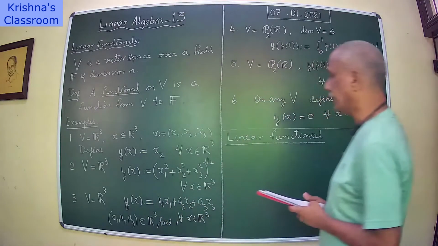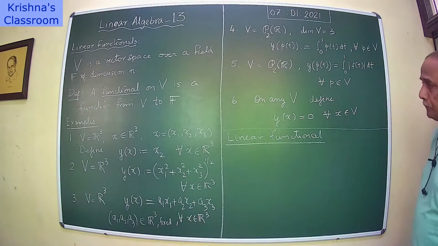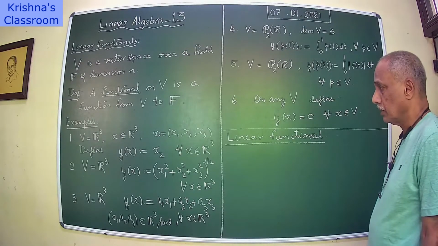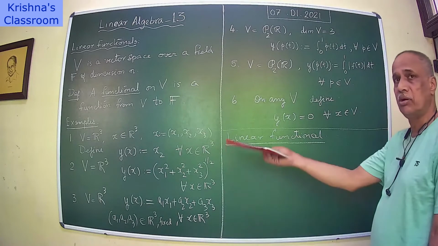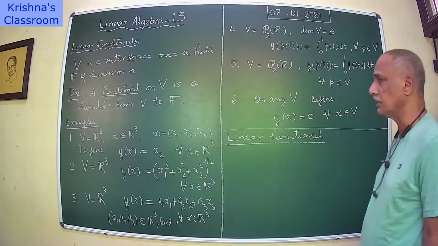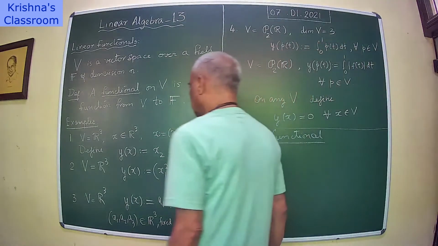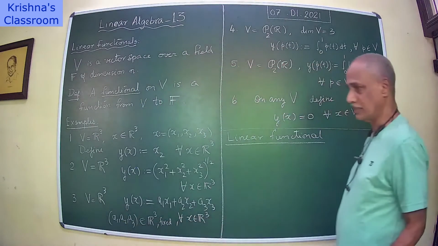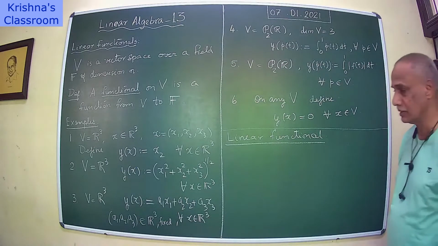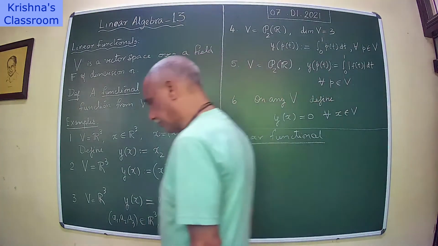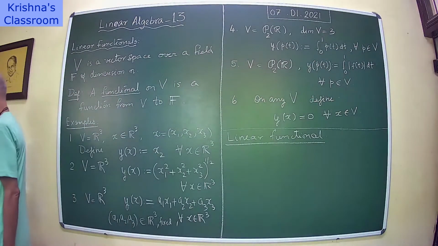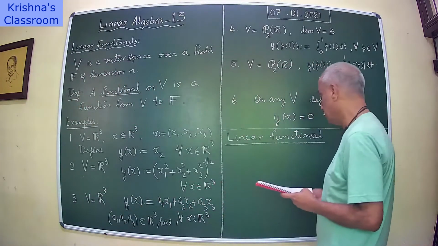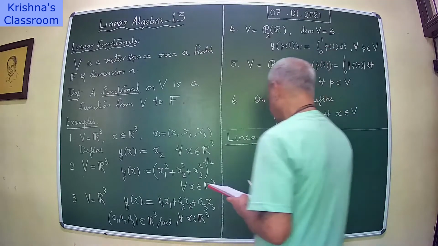If you want an example of a map which is not a linear functional, then you write f of x equal to x, except in the case when it is equal to f. Right? So that's the reason.